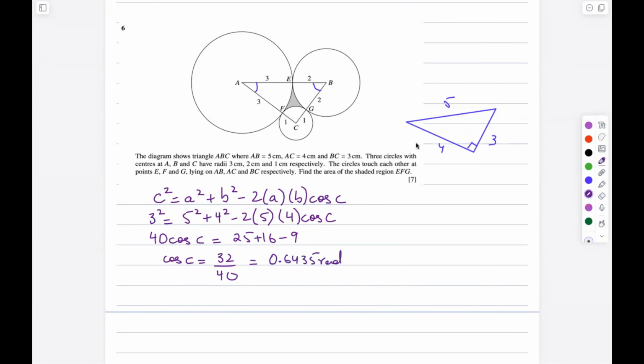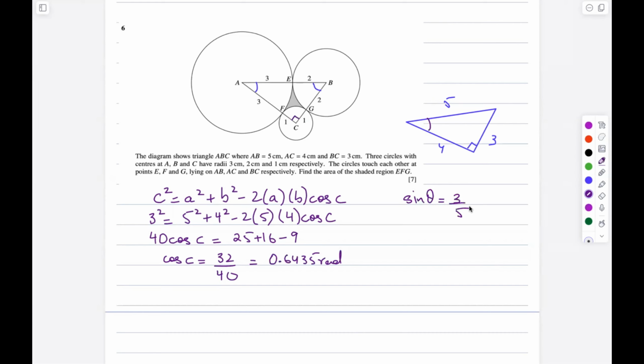We can use the cosine rule, and even if we had used the trigonometric ratios to find this angle, the opposite length is 3 and the hypotenuse is 5, as this angle will be a right angle, so the hypotenuse has to be 5. If we use opposite over hypotenuse, sine theta is equal to 3 upon 5.